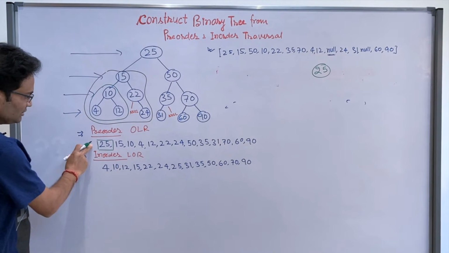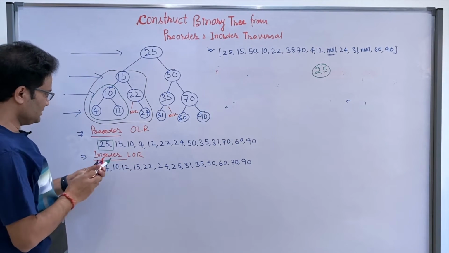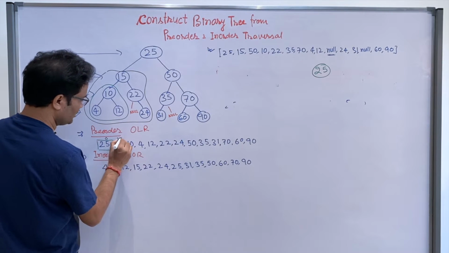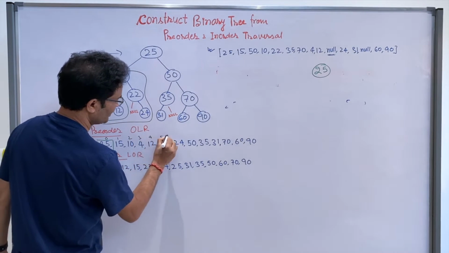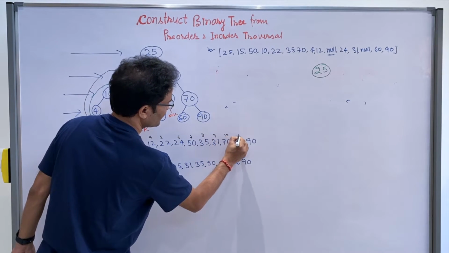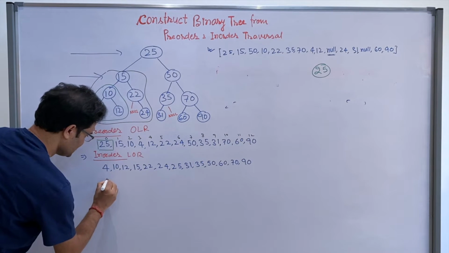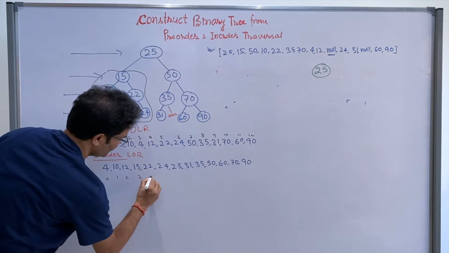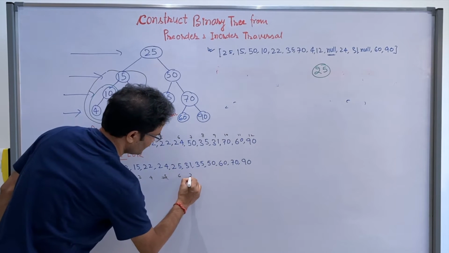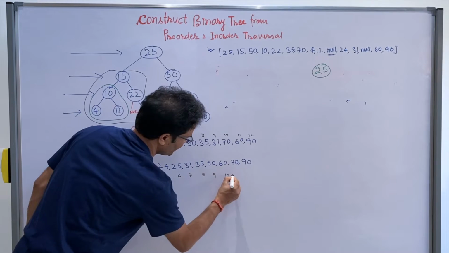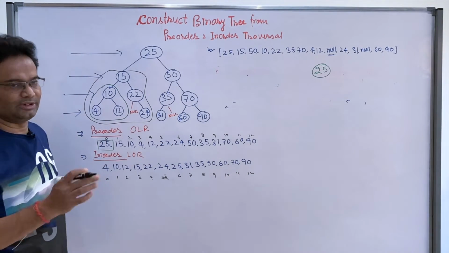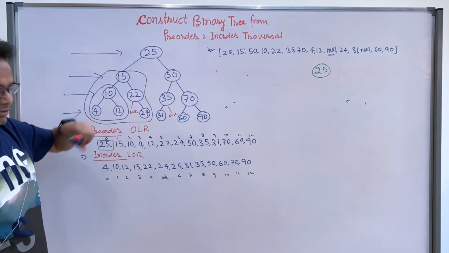Now you search this 25, and this is the array form, so of course you will have the index: 1, 2, 3, 4, 5, 6, 7, 8, 9, 10, 11, 12, and the same index 1 to 12 for the other array. Obviously, the elements must be the same in both pre-order and in-order, if you take any traversal, because they traverse all the elements.